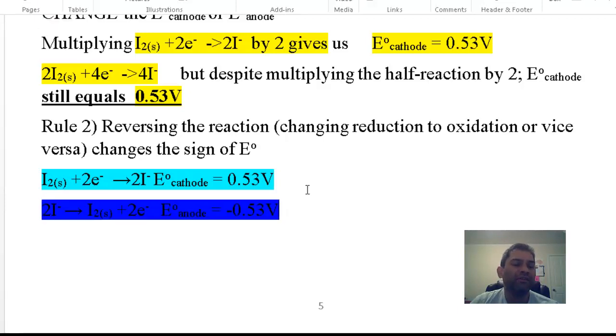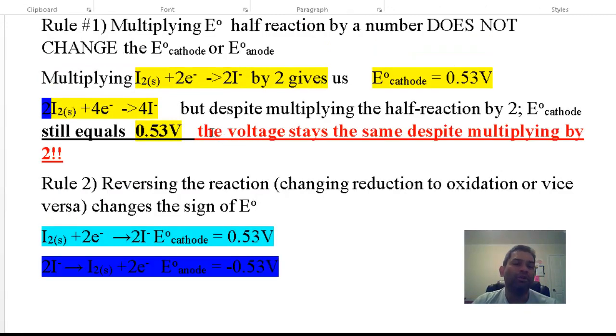So flipping the reaction, making a cathode the anode, making the anode the cathode, making an oxidation flip to be a reduction, making a reduction flip and turn into an oxidation, changes the sign. This is a very important rule. Okay, so a source of mistakes: people will multiply this half reaction by a number, and they'll multiply the voltage by the same number. That's not how it's going to work when we're dealing with potentials, when we're dealing with a reduction potential or an oxidation potential.